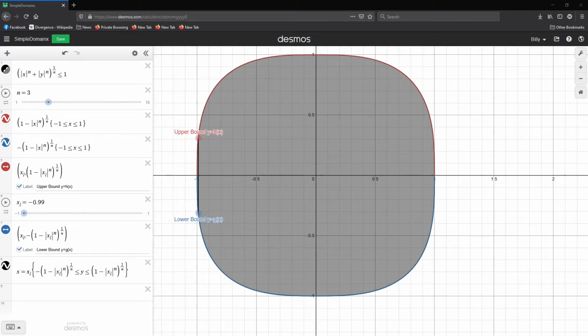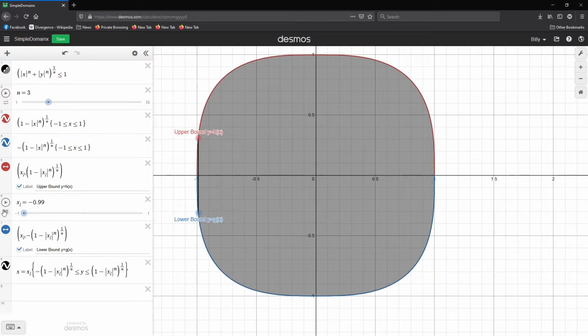So this region that I've pictured is an example of a simple region, and the upper bound, say y equals h of x here, is some function of x. So y equals some function of x is this red curve right here, whereas the lower bound is y equals g of x.